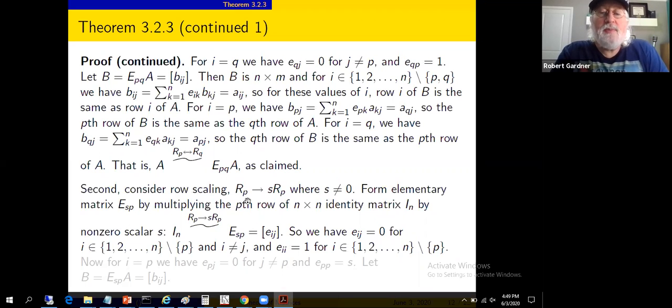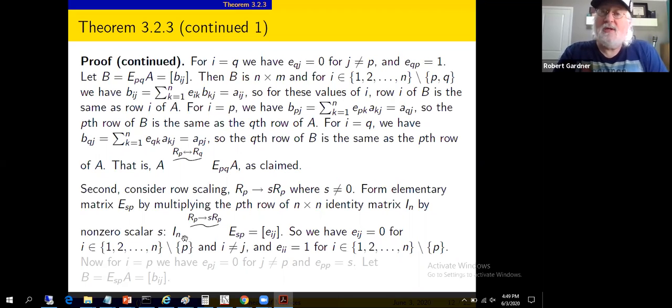So take row P, multiply it by non-zero scalar S, then we'll form elementary matrix. Let's call it E sub SP, S for that scalar that we're multiplying row P by, multiplying the Pth row of the n by n identity matrix by S. So we'll take the identity matrix, multiply row P by S.